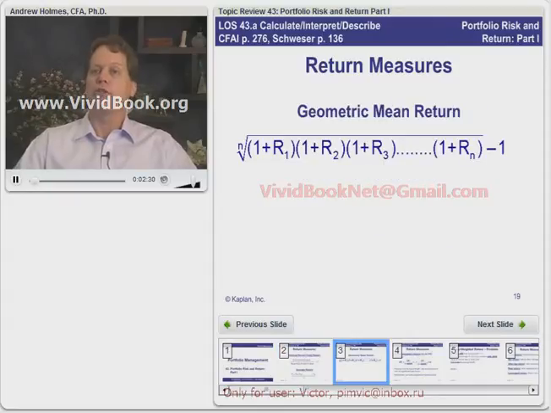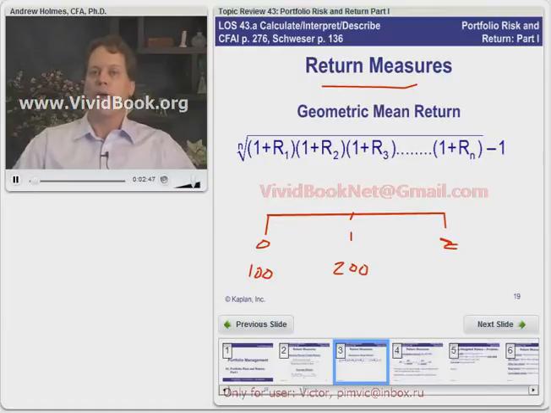Okay, geometric return. We've seen this before, but the problem here is that compounding thwarts the idea of arithmetic return. If we look at a 2-period investment, so that says time 2 there, if you start with $100 and you go to $200, that means you had 100% return in this period, right?